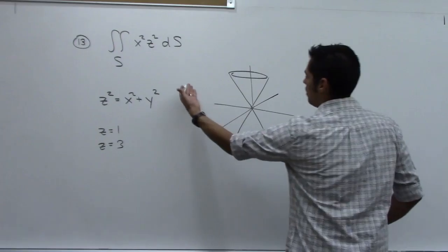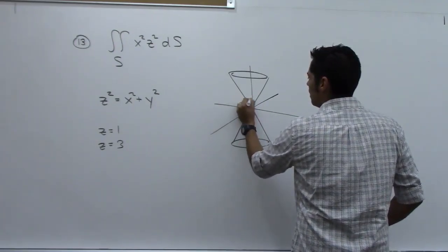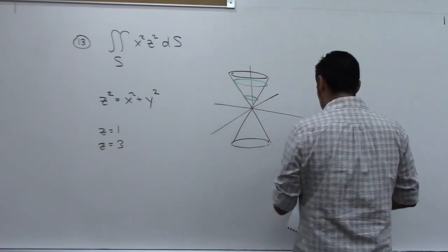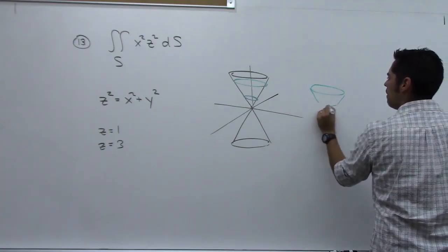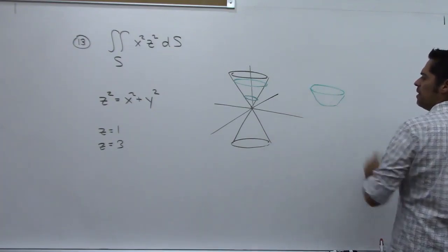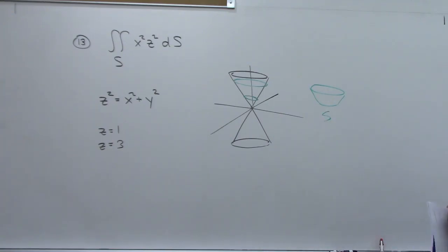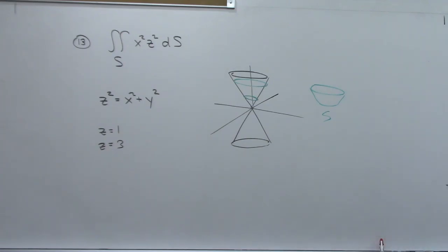So if we imagine slicing this, raising up off the ground 1 unit, we'd slice it here somewhere. Raise up to 3, we'd slice it here. This one's kind of easier to draw. This is just going to give us this surface, which is what we're integrating over. So this is our S. So the question is, can we come up with some sort of representation of this surface?